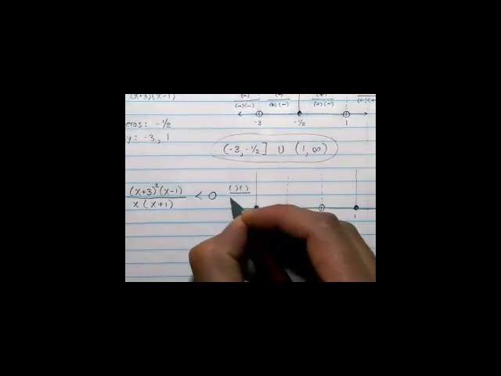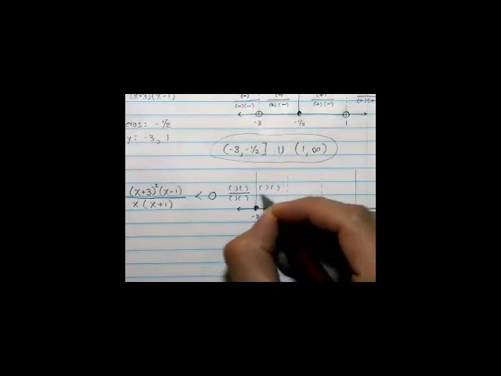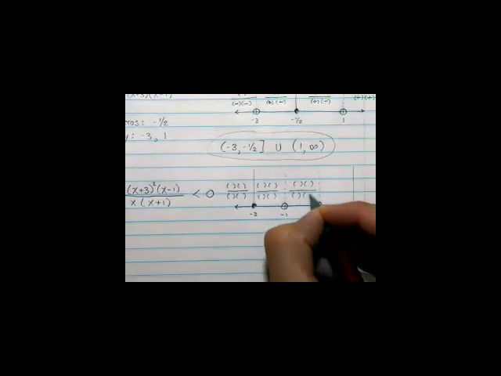So it's a number times a number divided by a number times a number. Pick your fave. Now, something to note on this one, because you can save yourself a little bit of grief here. X plus 3 squared. Always positive, right? Anytime you square something that makes it positive. So what I would do on this one, before I even start thinking about picking that first number, is lay this thing out first, so all I've got to do is put the little pluses and minuses into stuff later.